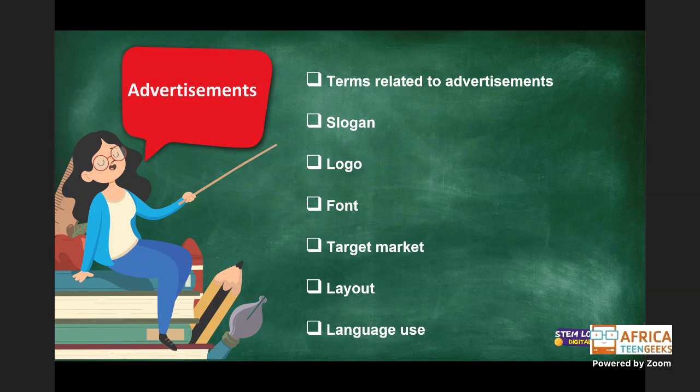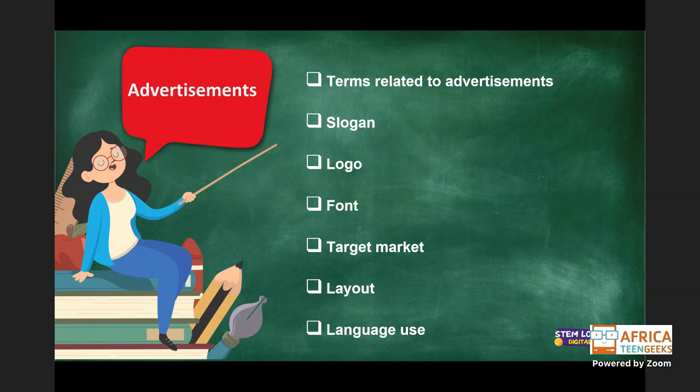A logo, we have a font, so that would be the style and shape of printed letters that are often specially chosen for emphasis in advertisements or cartoons. Then we have the target market, so that would be the type of people an advert wants to attract. Okay, so for example, is there a target of fashionable young people or wealthy business people?